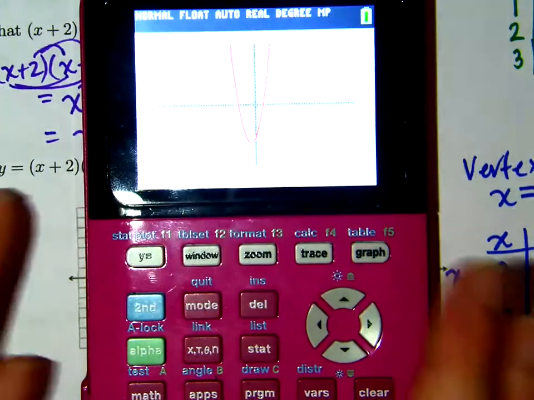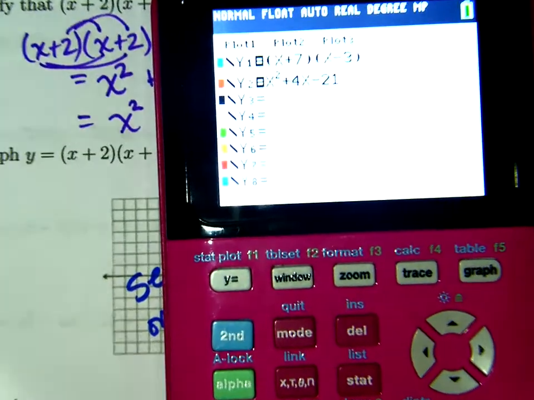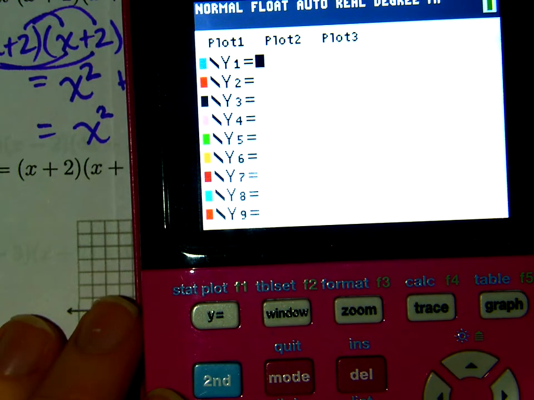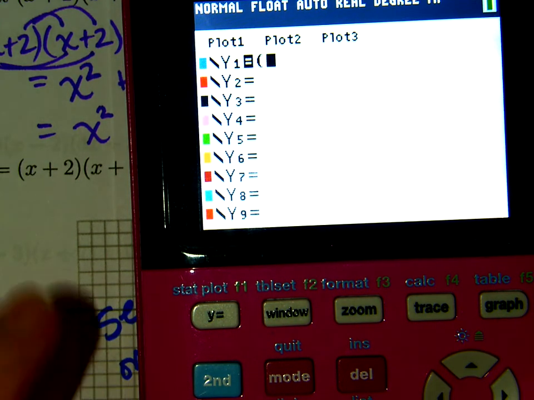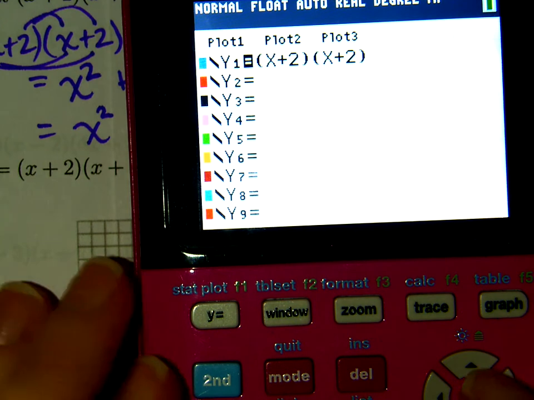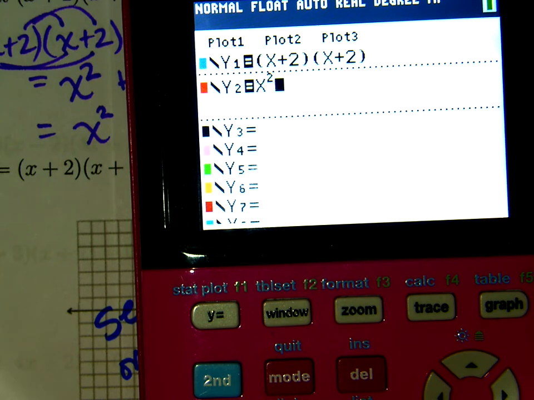So now we've also learned that our calculator is a pretty good handy tool when it comes to making sure we're right. So what did we say? We said x plus 2 times x plus 2 was equal to x squared plus 4x plus 4.